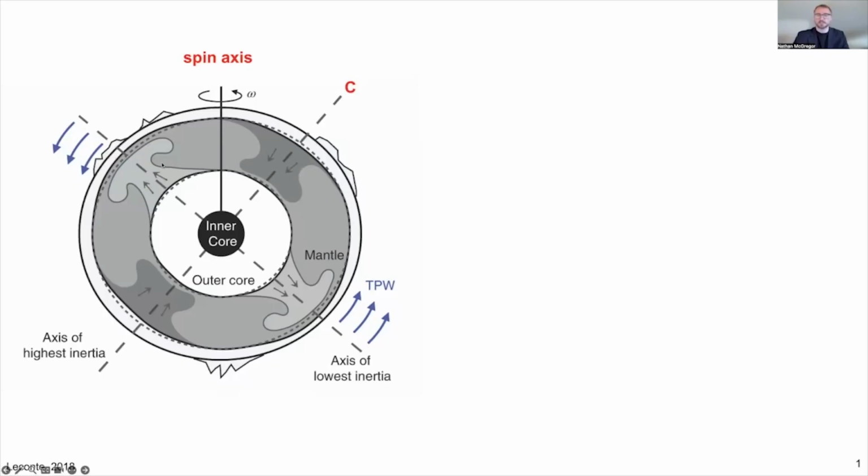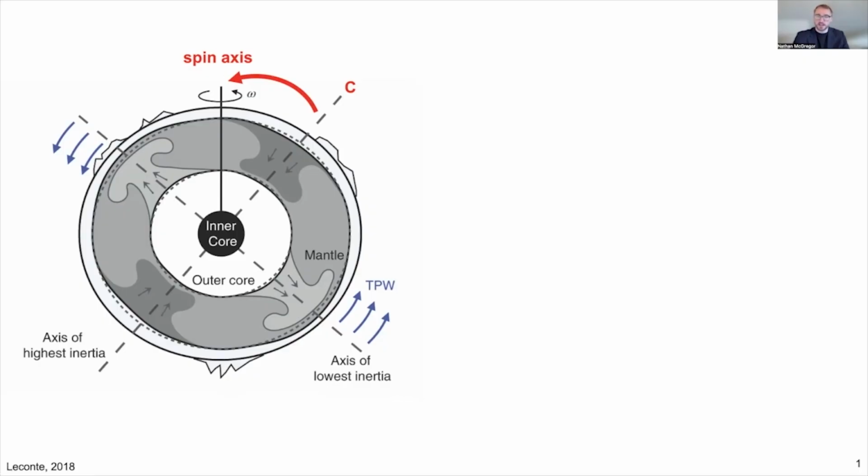Okay. So as the mass changes in the mantle, as the rock gets hot or cold or moves around, the c-axis is going to change. Now, the spin axis always stays where it is at all times, but the c-axis wants to be aligned with the spin axis because this is a much more stable configuration.